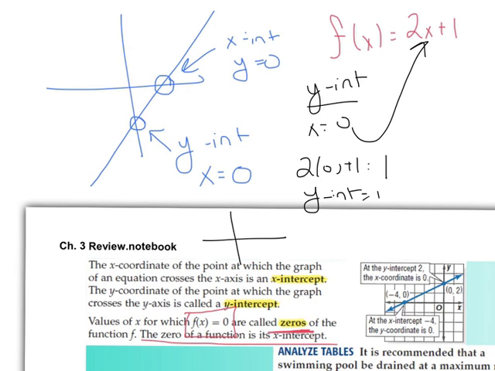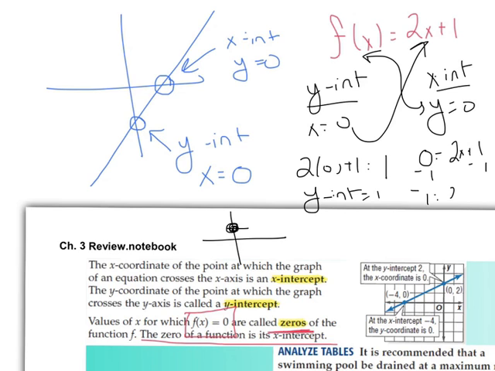So if I were to graph that, I would just go to 1 on my y. To find my x-intercept, that would be at y equals 0. But remember that y and f of x are the same thing. So I'm just saying that f of x equals 0, so 0 is 2x plus 1. Solve for x.